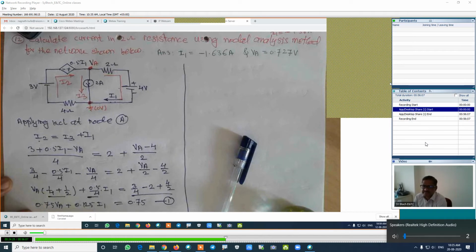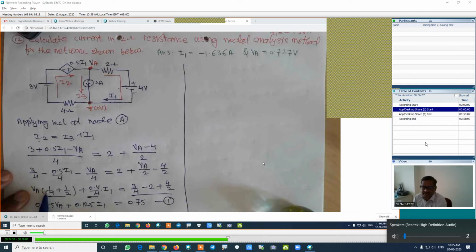Unmute yourself. सर वो सेपरेट किया ना सर 4 के साथ सब लेफ्ट हैंड साइड में I2 की, तो 3/4 प्लस चाहिए ना सर 0.5 I1 डिवाइडेड बाय 4, वो प्लस चाहिए ना. Okay, this should be the plus, absolutely correct. This should be the plus, fine.